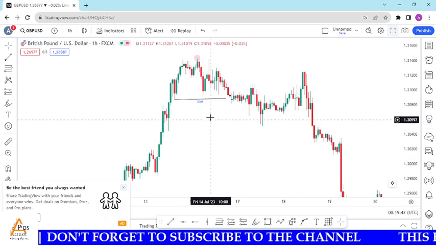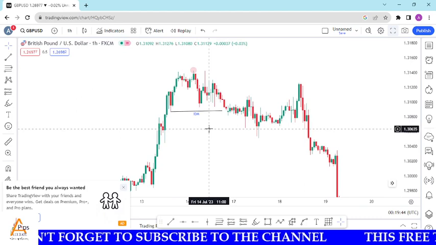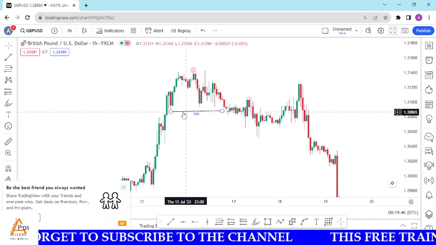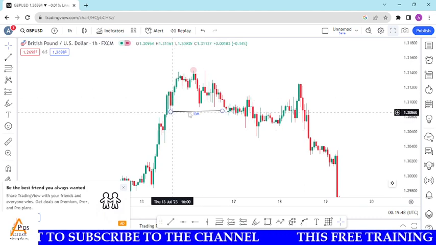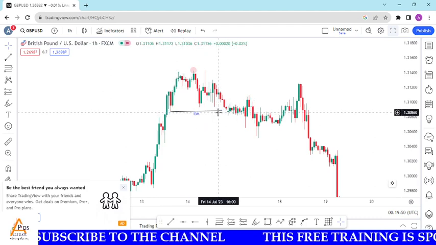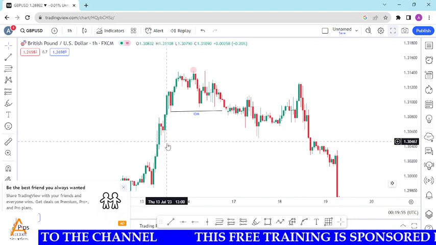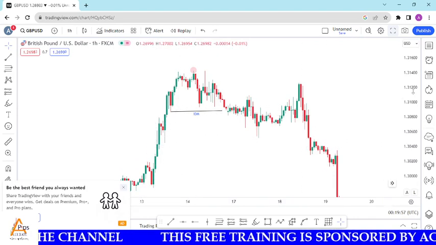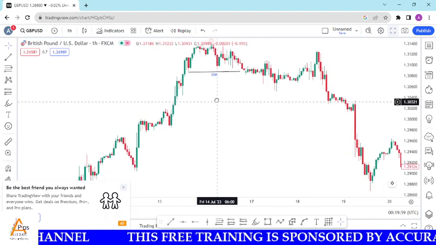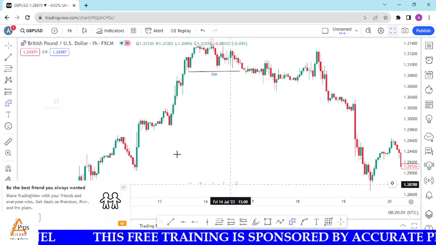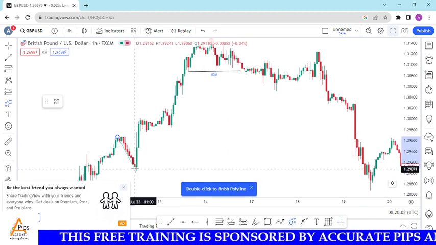Okay, then now what happens? Retail traders will not know about this being IDM or even it being a valid pullback. They will be looking somewhere here as their pullback. So they would have marked something of this sort.